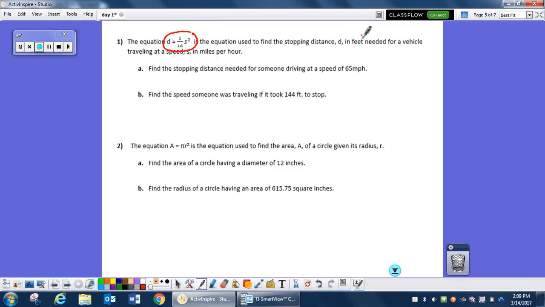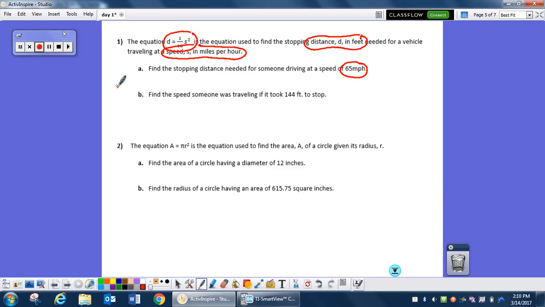So a lot of times I highlight or underline what my variables mean. So d is distance needed for a vehicle traveling at a speed of s, because now that we're in the real world we have to have labels. Your first question says find the stopping distance needed for someone to drive at a speed of 65 miles per hour. So you can see that they give us s and they want to know the distance.